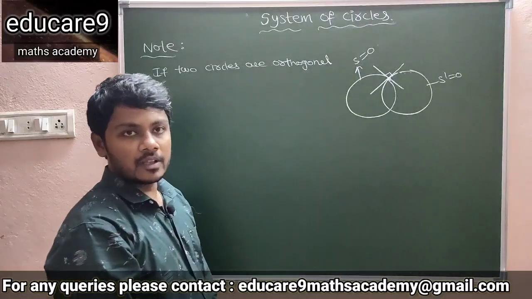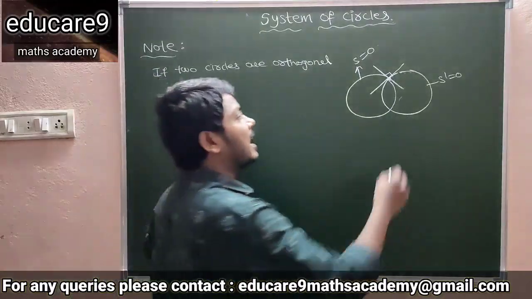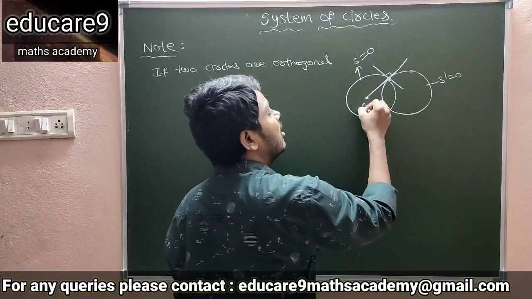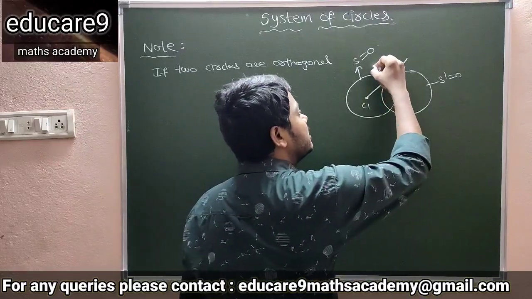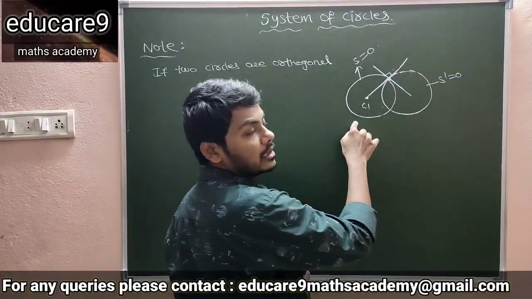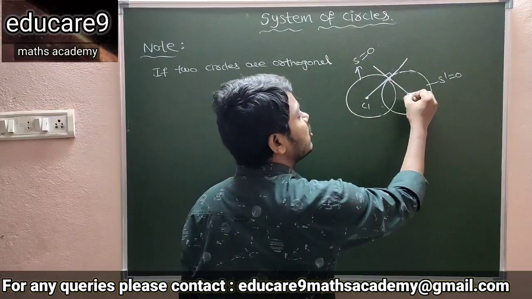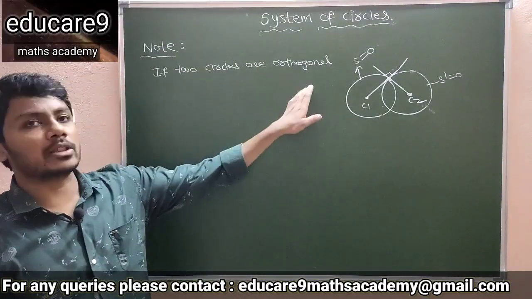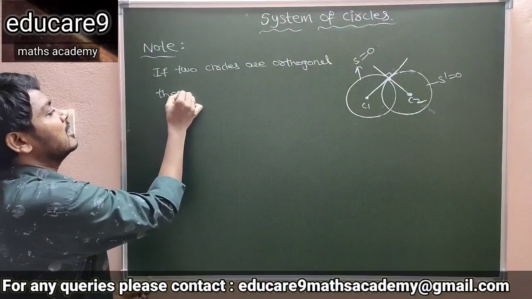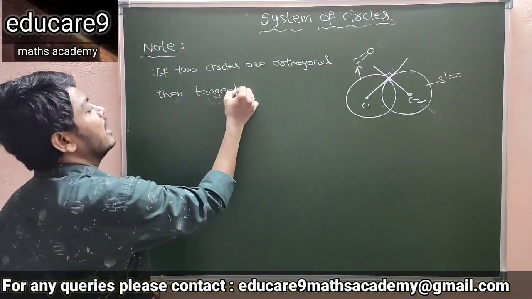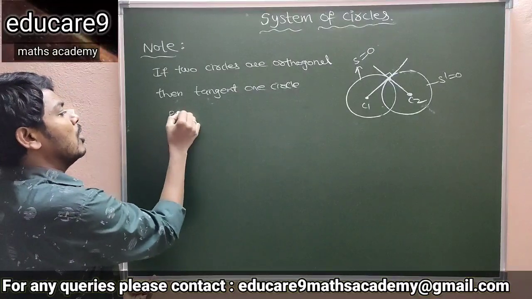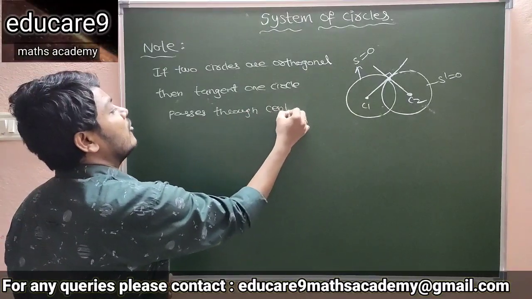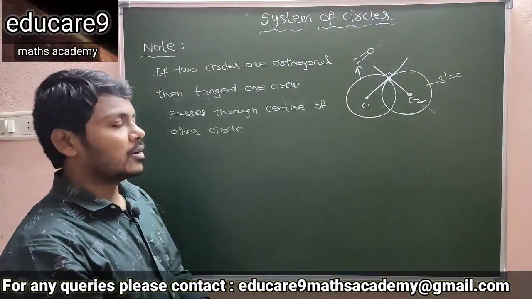In that case, the tangent of one circle passes through the center of the other circle. This is the tangent of the first circle, and this tangent passes through the center of the second circle. If two circles are orthogonal, then the tangent of one circle passes through the center of the other circle. So this is the note.